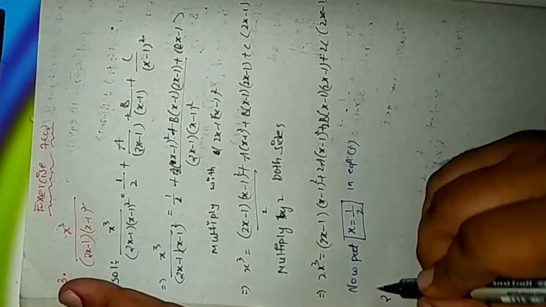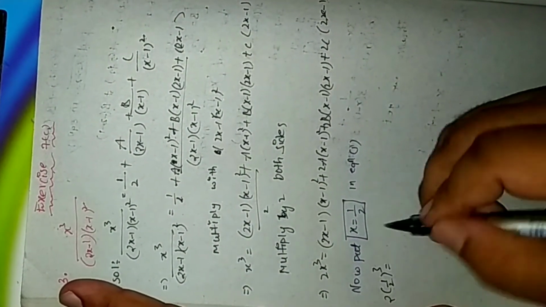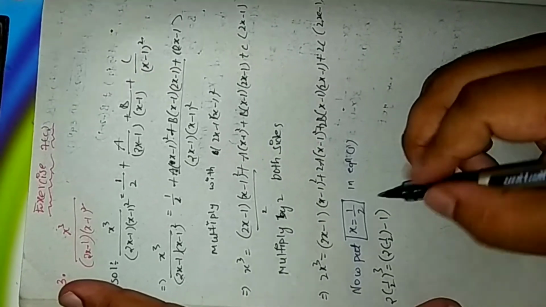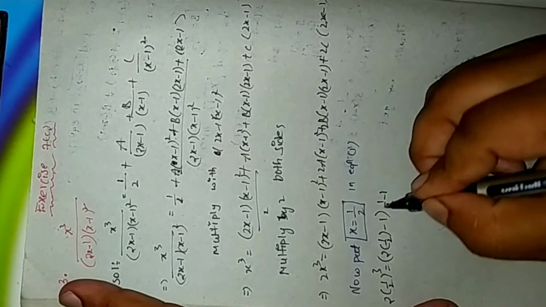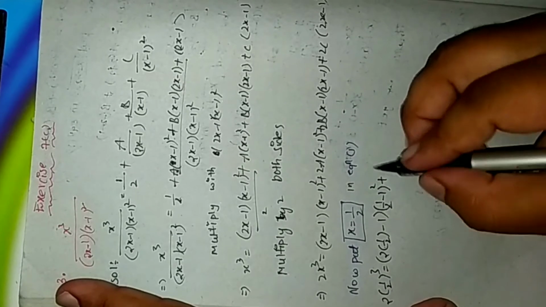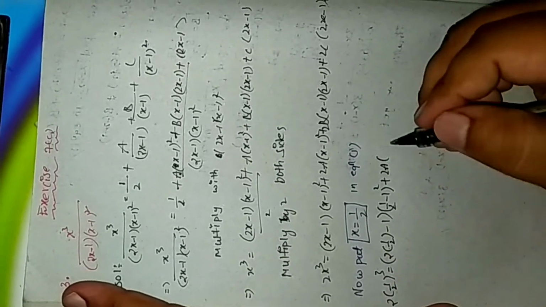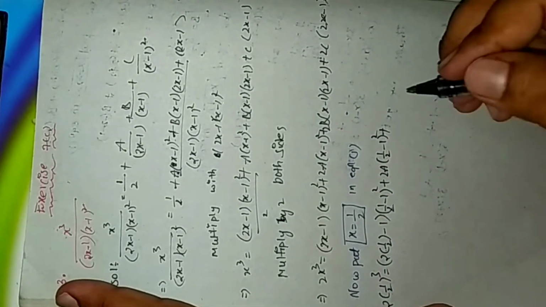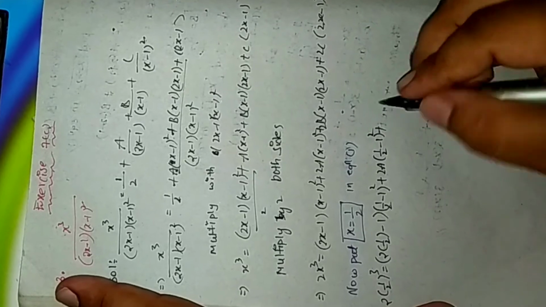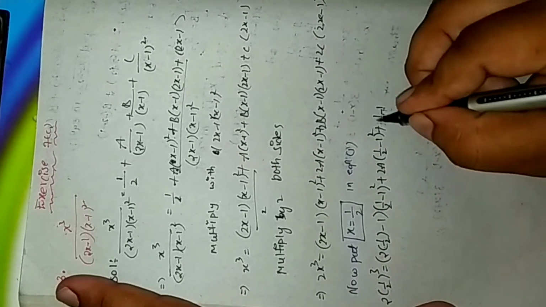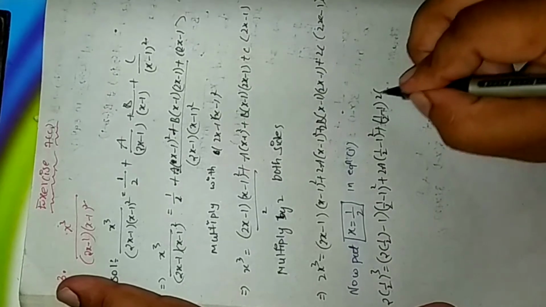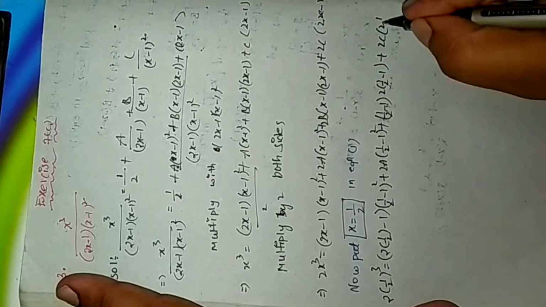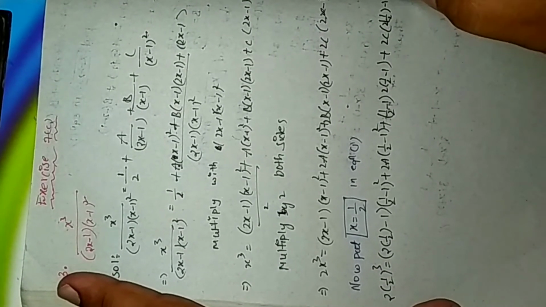So here 2 of (1 by 2) whole cube is equal to 2 of (1 by 2 minus 1) into (1 by 2 minus 1) whole square plus 2a of (1 by 2 minus 1) whole square plus 2b of (1 by 2 minus 1) into (2 of 1 by 2 minus 1) plus 2c of (2 of 1 by 2 minus 1).